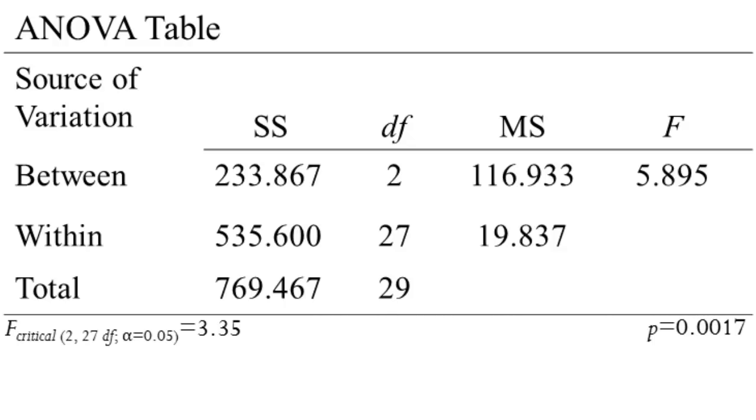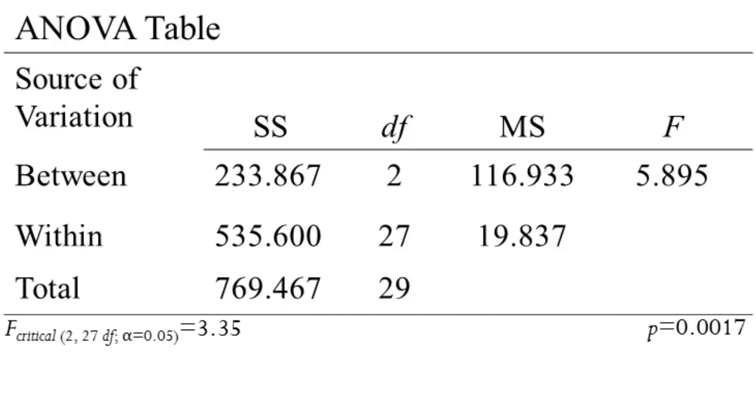The between group sum of squares is simply j minus 1. I have three groups here, slow, normal, and fast, and so I have 3 minus 1 degrees of freedom. My within group sum of squares is pretty easy to get as well. It's simply n minus j. I have 30 students, three groups, so 30 minus 3 is 27, and then our total sum of squares is equal to n minus 1, or 29.